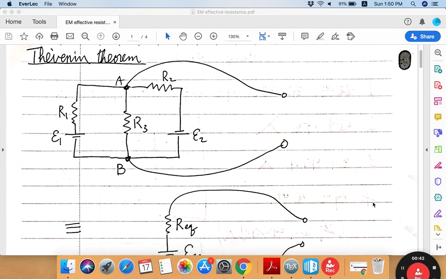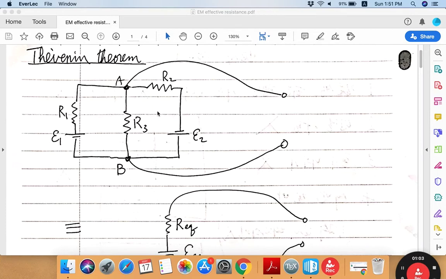You're given some sort of resistor network consisting of a bunch of resistors and a bunch of batteries with their own electromotive forces, in this case epsilon 1 and epsilon 2.